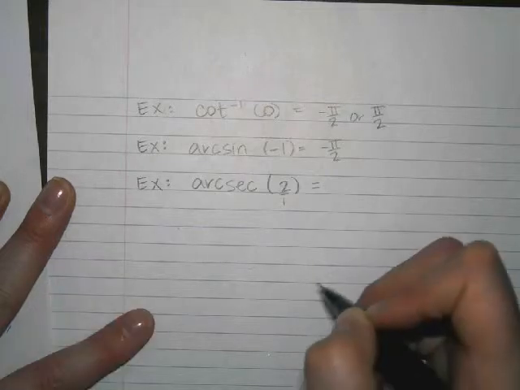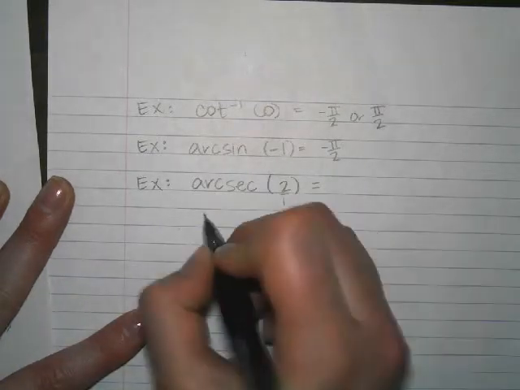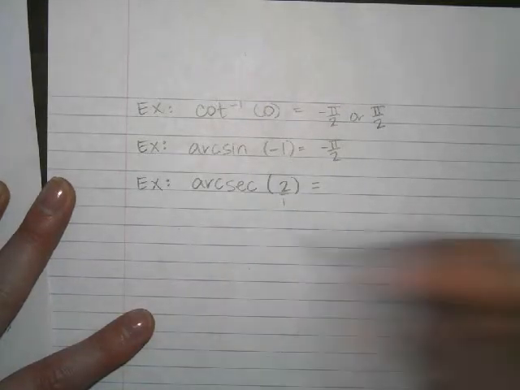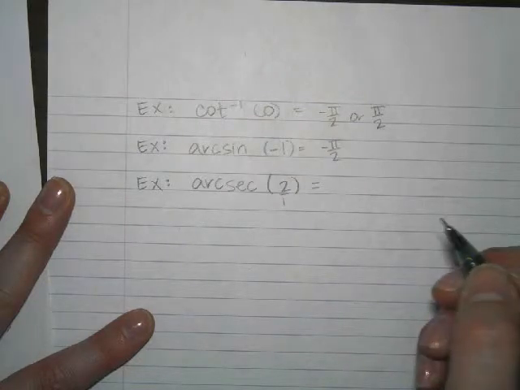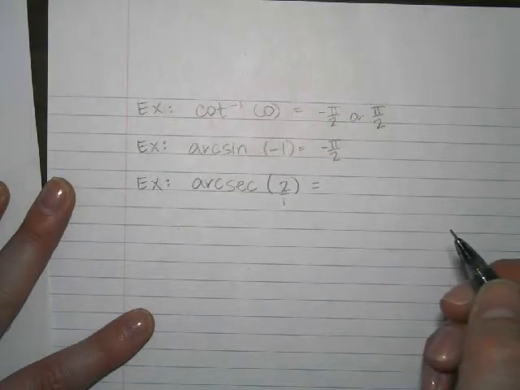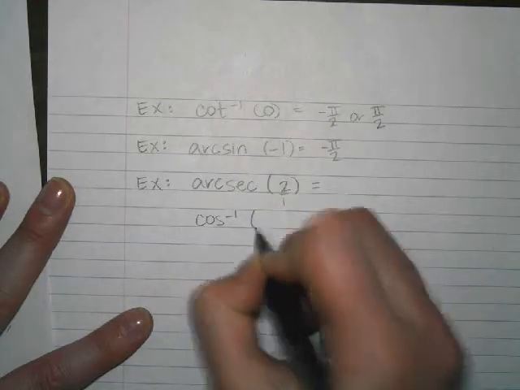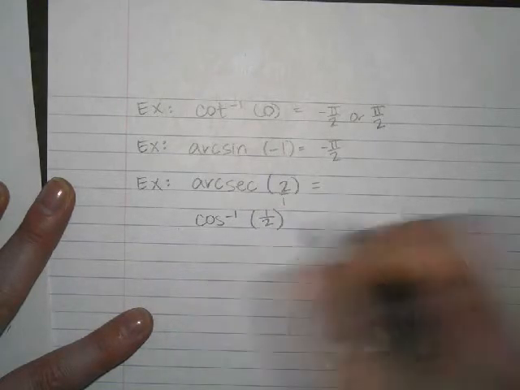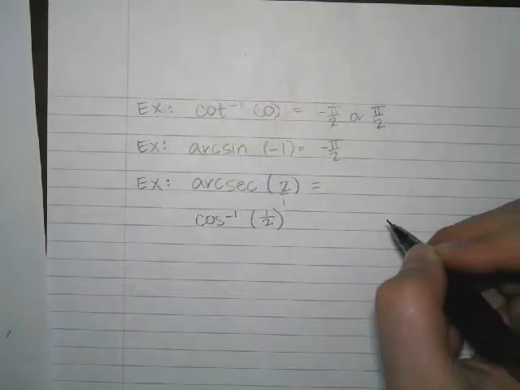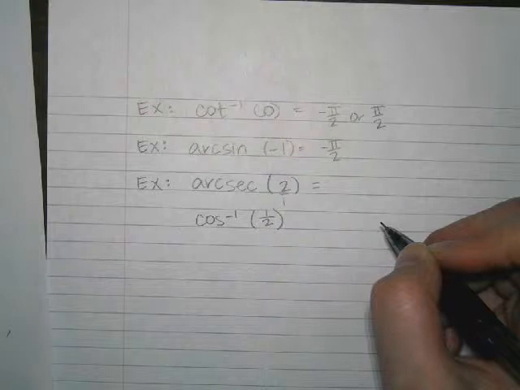And then what am I going to write? 1/2. Do you guys like inverse or do you want to say arc cos? Cos inverse or arc cos? How should we write it? Cos inverse? Okay. So I'm going to say it's going to be the exact same answer as cos inverse of 1/2. And so we're looking in quadrant 1 or 2 for an x coordinate that is 1/2.